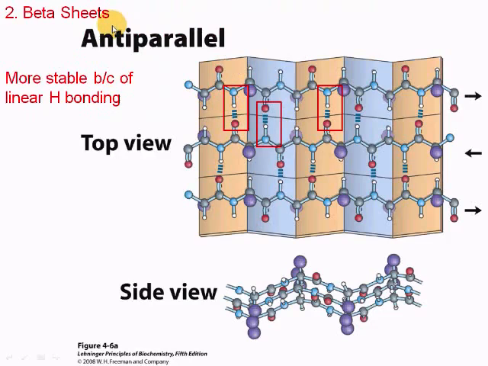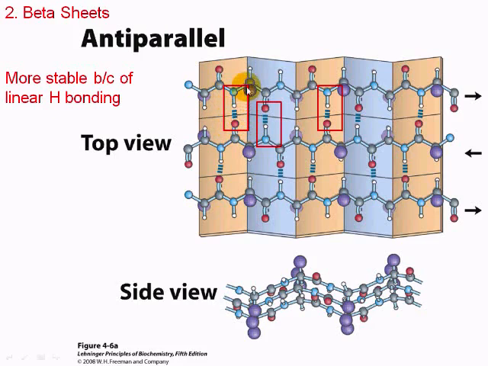And so this is the first type, anti-parallel. And here's a top view, and then here's a side view. So it kind of zigzags. And this anti-parallel is more stable because of linear hydrogen bonding.